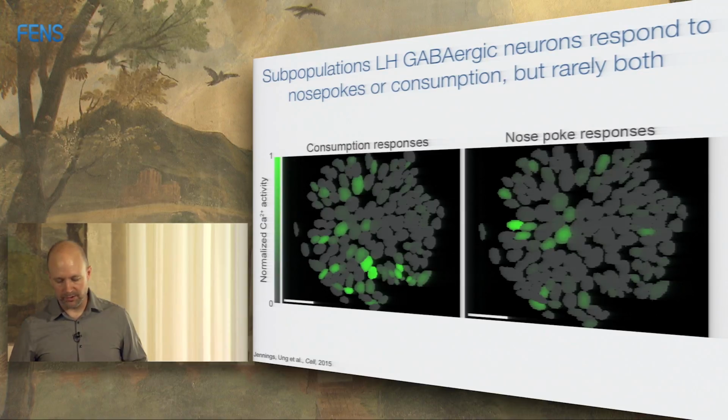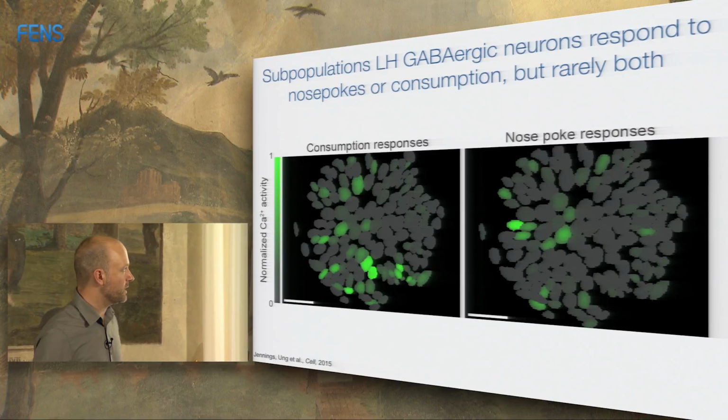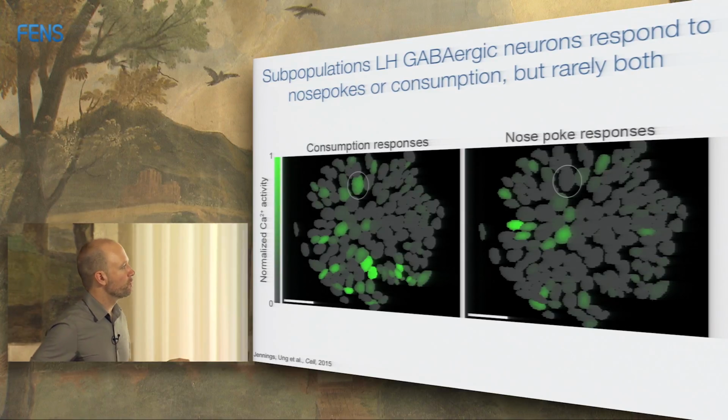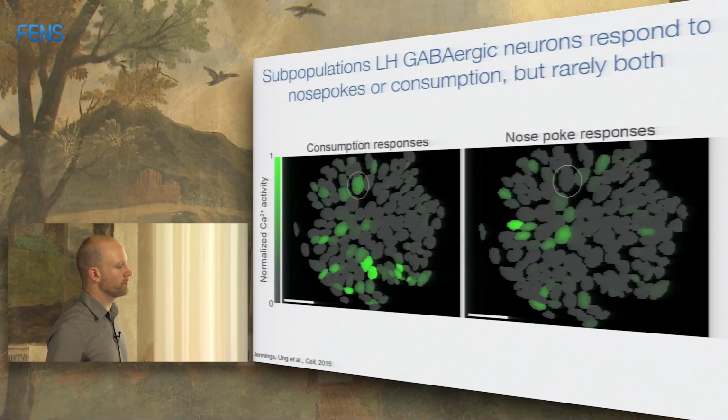What's really interesting about this approach, and one of the other strengths, is that it allows us to compare how individual cells are responding to these different events. What I'm showing you here is the activity of this field of cells that we were recording from, time-locked to the consumption of the reward or to the nose poke responses.